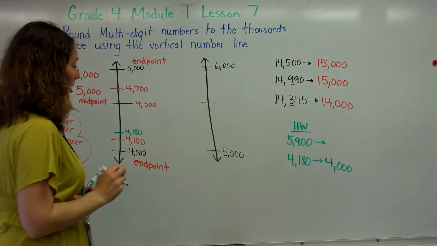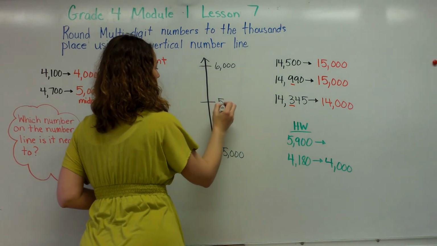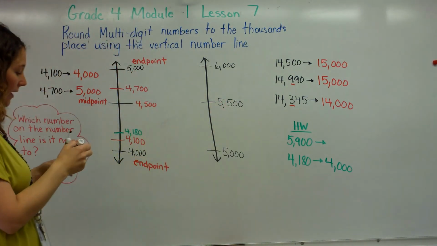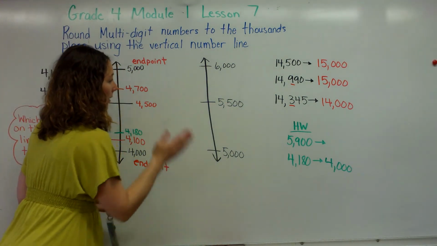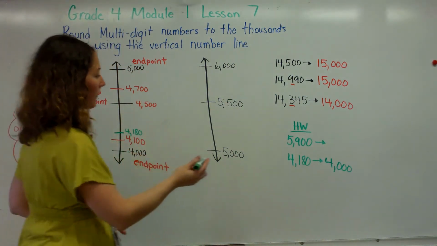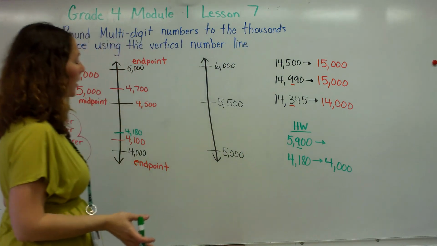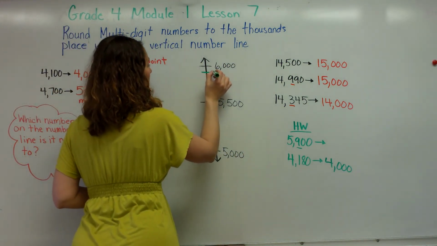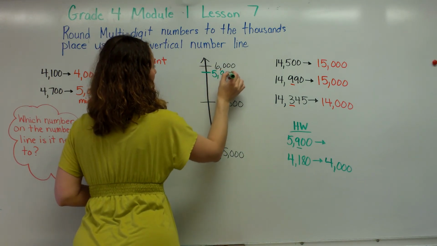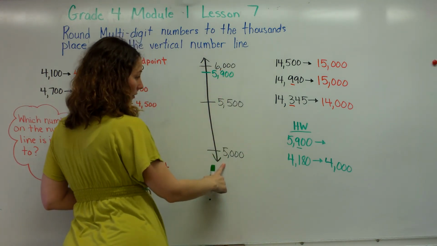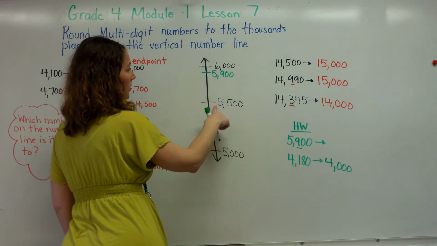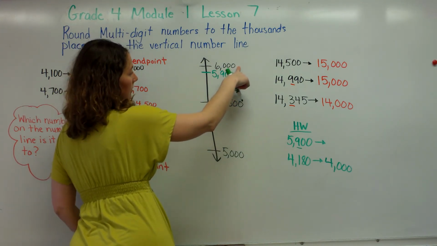My midpoint is going to be 5,500. Now if I take 5,900 and put it on my number line, I have a 9 in the hundreds place. Therefore, I know that my 5,900 is going to be somewhere up here. It's definitely greater than 5,000, and also greater than our midpoint of 5,500, but it's less than 6,000.